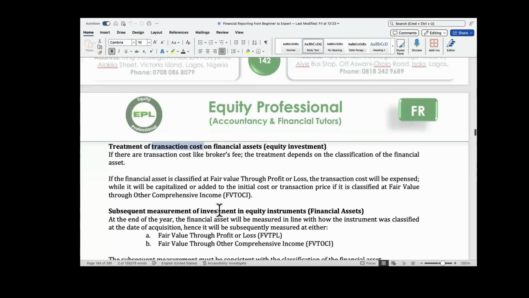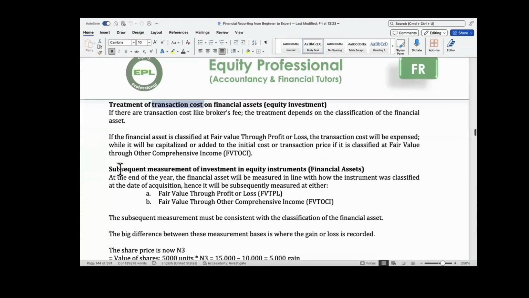Okay. Now, at the end of the year, which is subsequent measurement, you hear me say subsequent measurement a lot because at the end of the year, we usually determine the value of our assets, liabilities, and all of that. In this case, it is investment in equity. So at the end of the year, how do you measure it? Interestingly, we measure it exactly how you have classified it, either at fair value through profit or loss or at fair value through OCI.